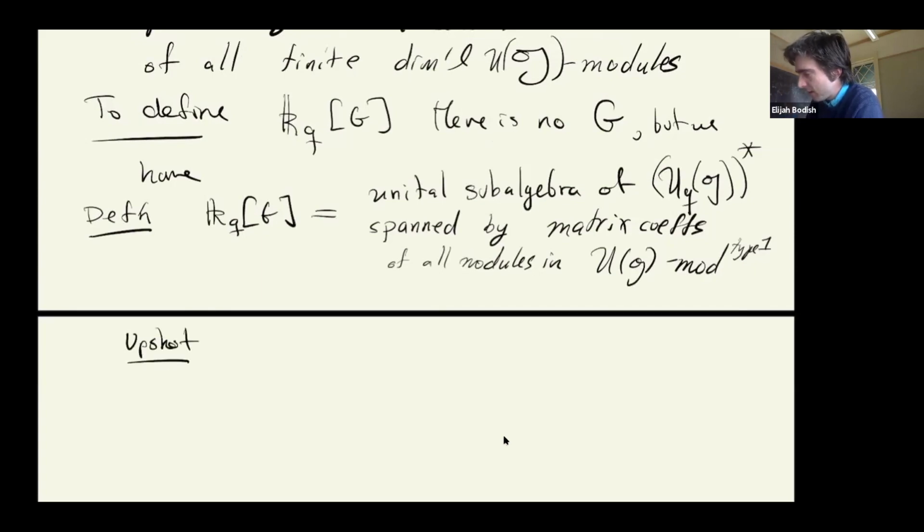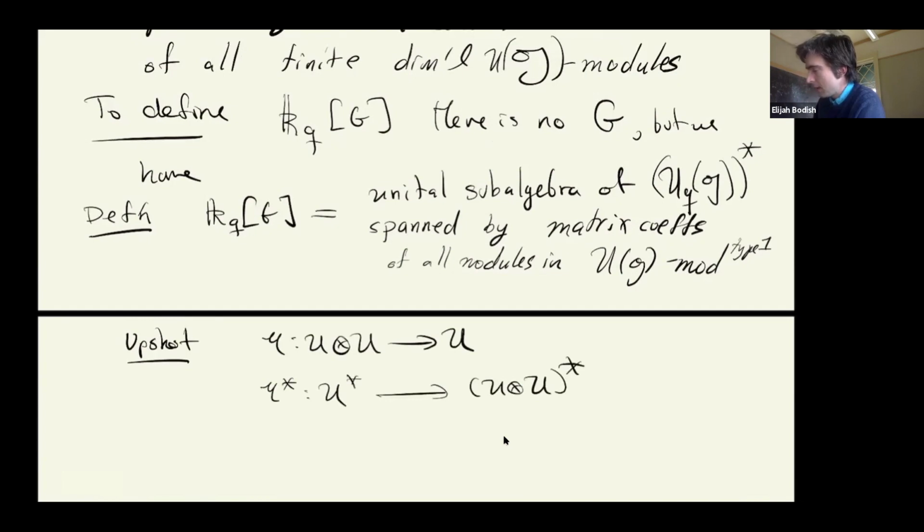If we have the multiplication map from U tensor U to U, that gives us a dual map from U dual to (U tensor U) dual, but this properly contains, when you leave the finite dimensional case, U dual tensor U dual.